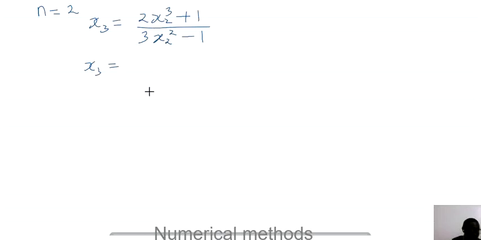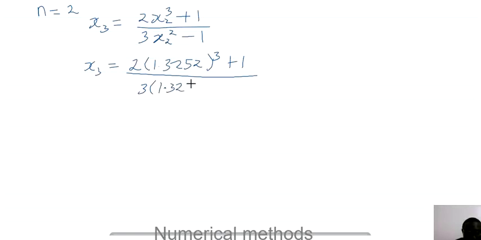So we are substituting there. We shall have 2 into bracket 1.3252 power 3 plus 1, everything all over 3 into bracket 1.3252 power 2 minus 1. So x3, when you compute on your calculator, is going to give us 1.3247.